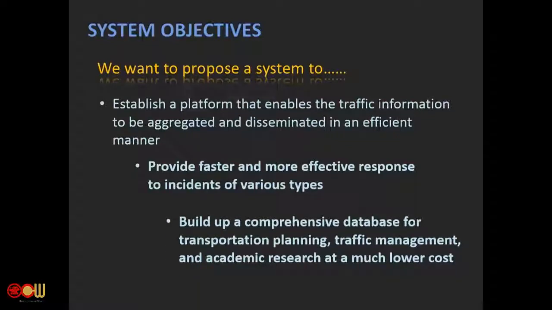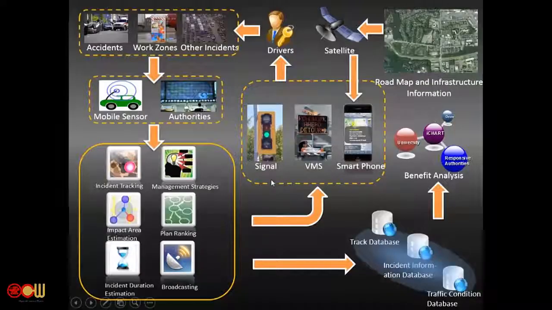Here we talk about how to use this information for our traditional traffic management purpose. So building up a comprehensive database for planning, traffic management, and academic research in a much lower cost. Here you can see this next graphic show you all the potential applications.